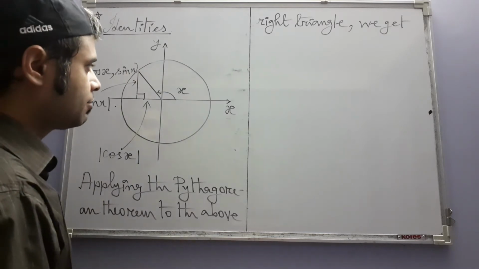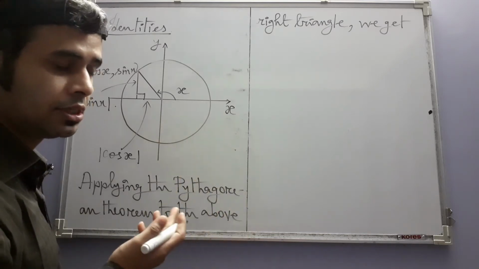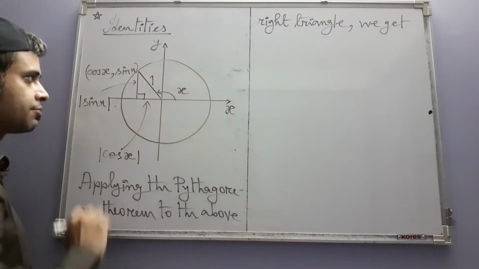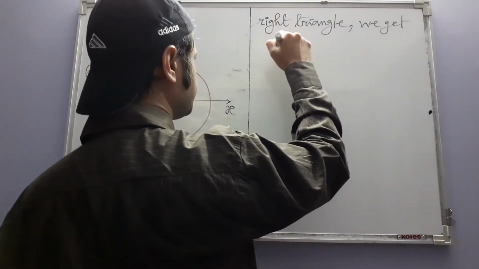Now because we have taken a unit circle, the length of the hypotenuse is actually the radius of this circle, which is 1. So that means we get this.